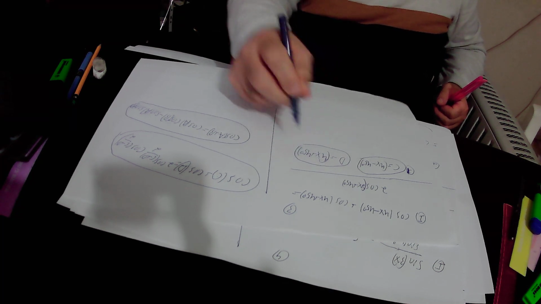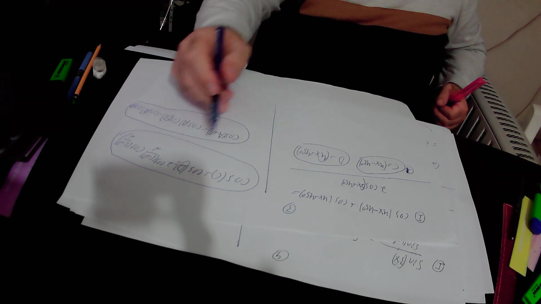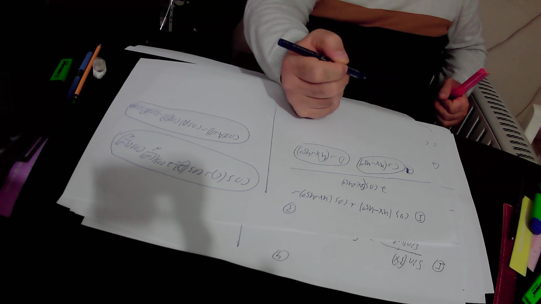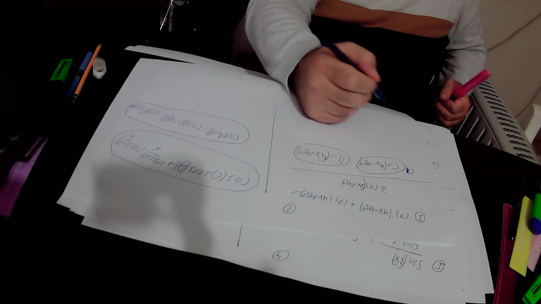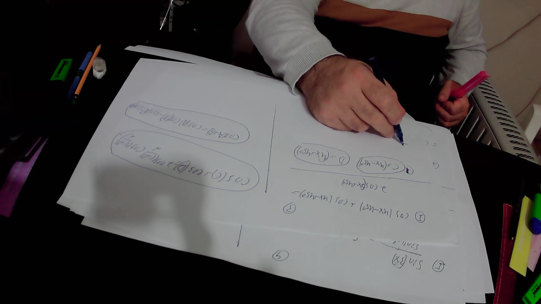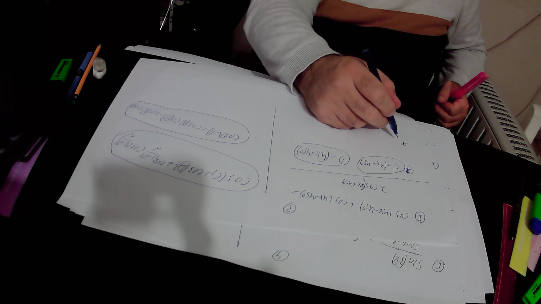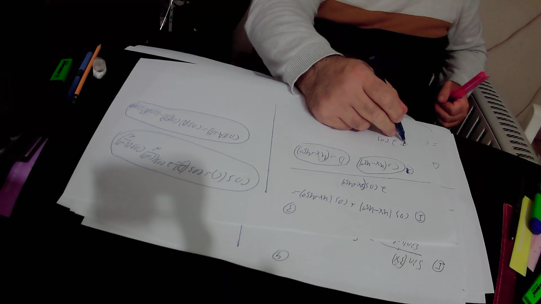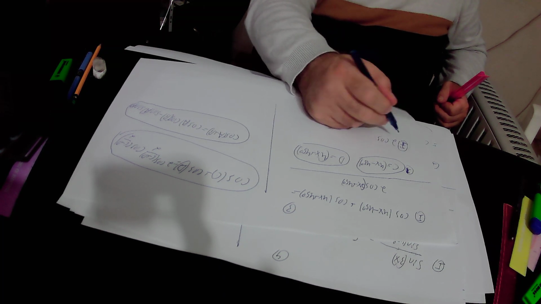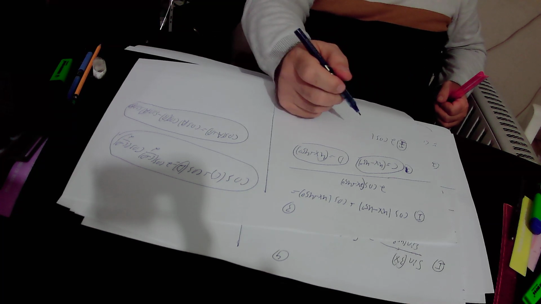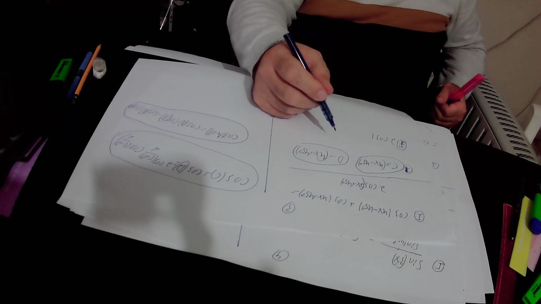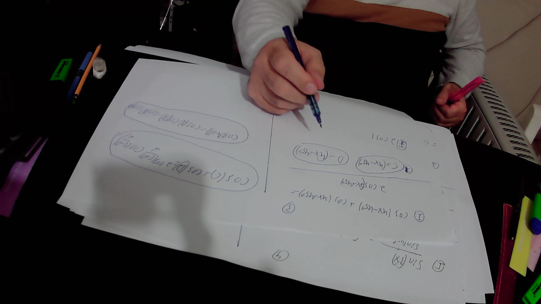So according to this trigonometric identity, cosine 4x minus 45 degrees plus cosine 4x plus 45 degrees equals 2 cosine (C plus D) over 2 times cosine (C minus D) over 2. C is 4x minus 45 degrees and D is 4x plus 45 degrees.